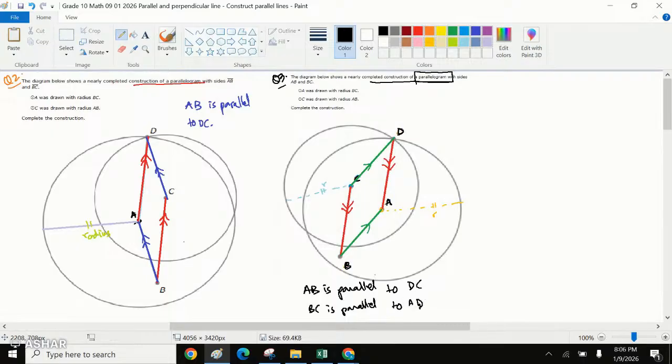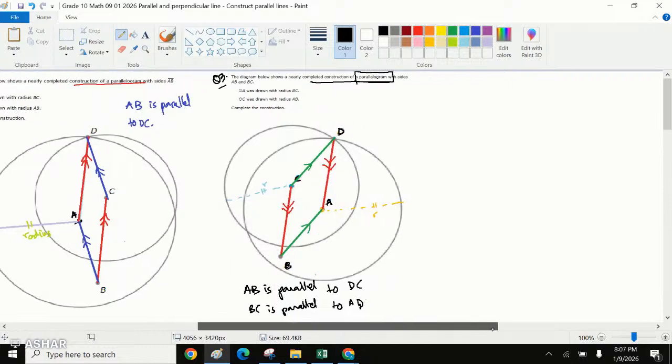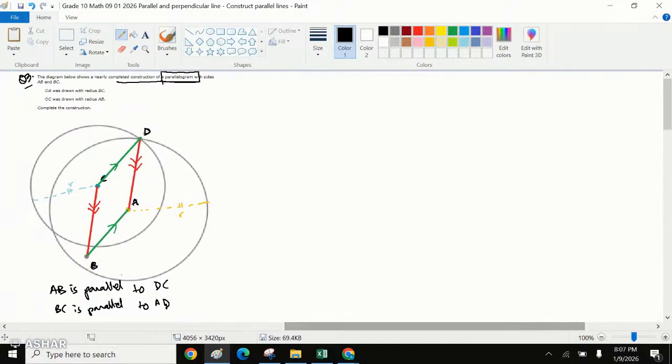So we would have two pairs of parallel lines, forming a quadrilateral, but the angles would not be 90. If the interior angles in a parallelogram change to 90, it becomes a rectangle. But our requirement is to draw a parallelogram, right?